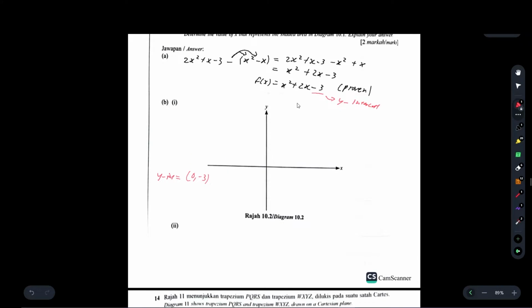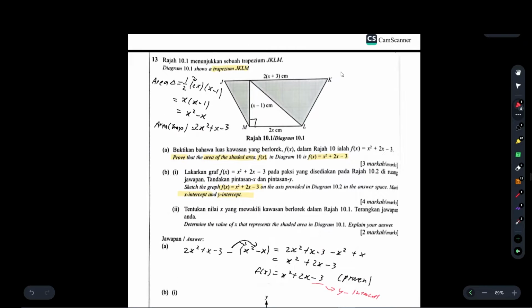Now we can factorize this equation. Equals 0, and then we have (s plus 3)(s minus 1). So we have s equals -3 or s equals 1.